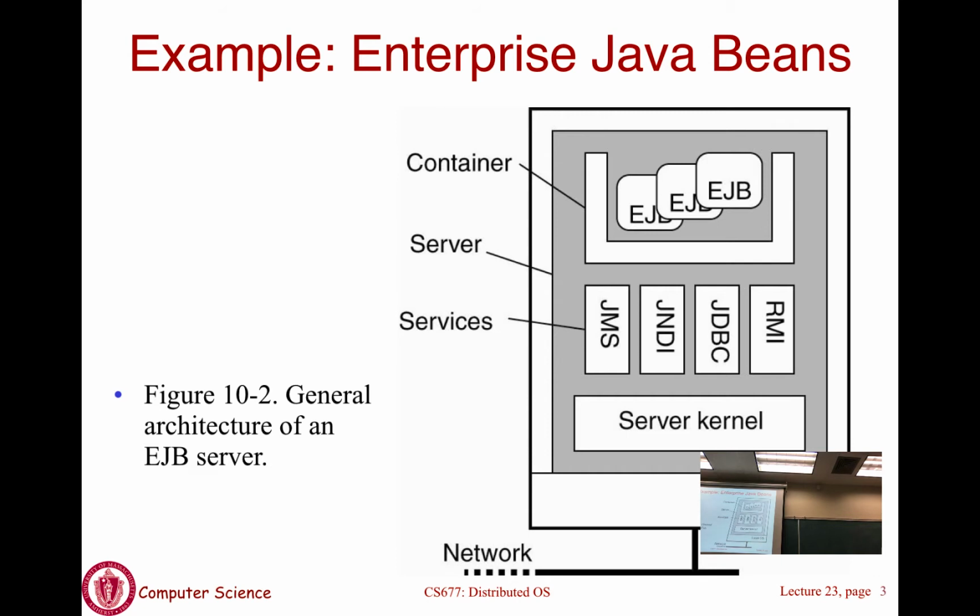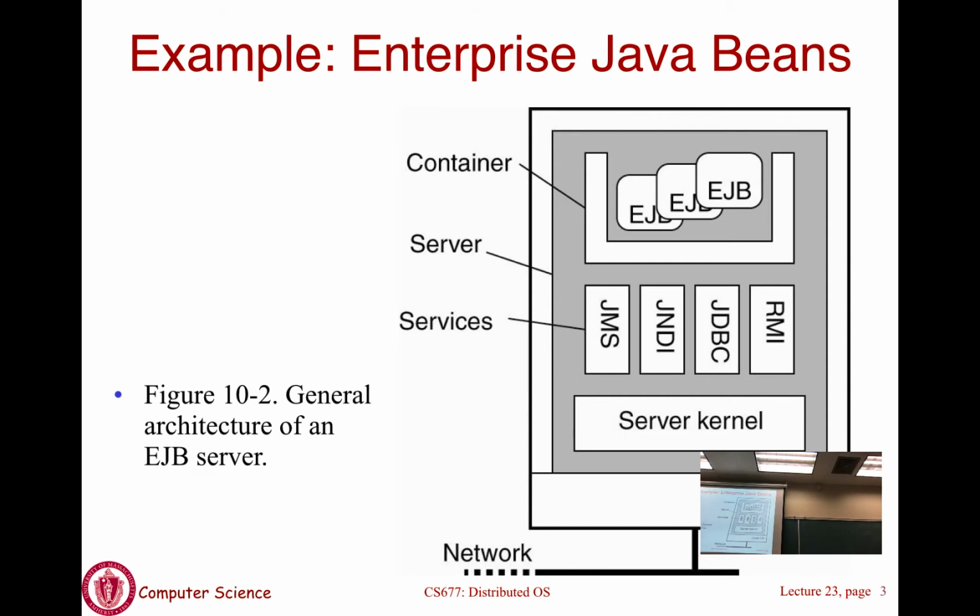Now, that is what a bean is, but EJBs also have many other features. They have many other services that the middleware is going to provide for you. You will see services like JMS, the Java Messaging Service, which gives you a message queuing abstraction. There is JDBC, a layer that allows you to connect a Java program to databases.